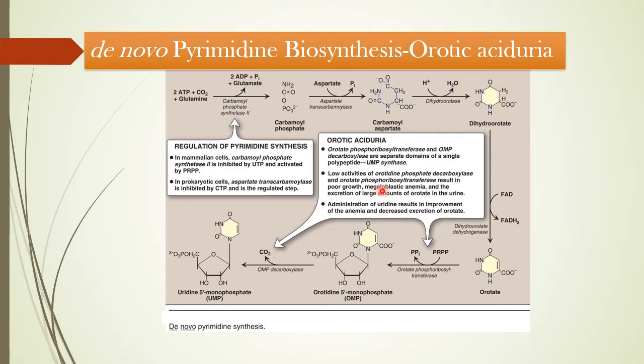It may also result in the development of megaloblastic anemia because red blood cells would have defective synthesis of DNA due to impaired pyrimidine biosynthesis, and thus red blood cells would grow in size but won't divide, resulting in megaloblastic anemia.